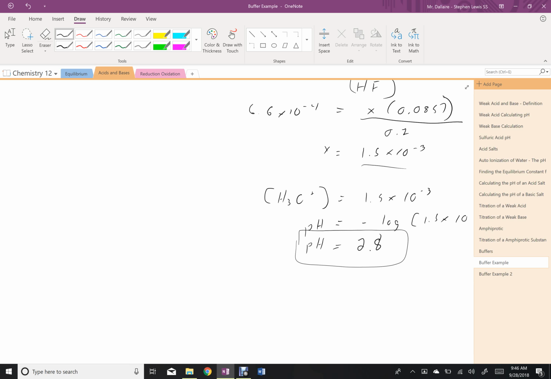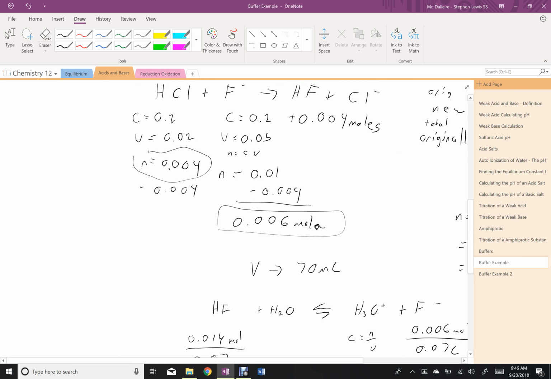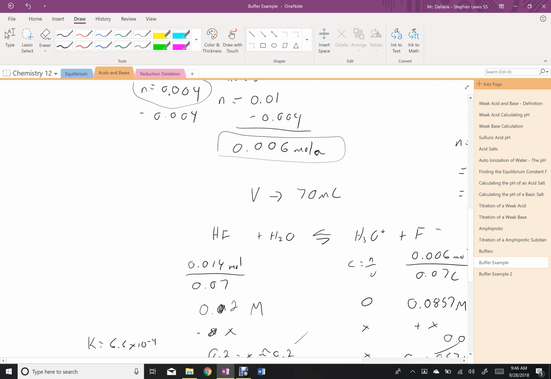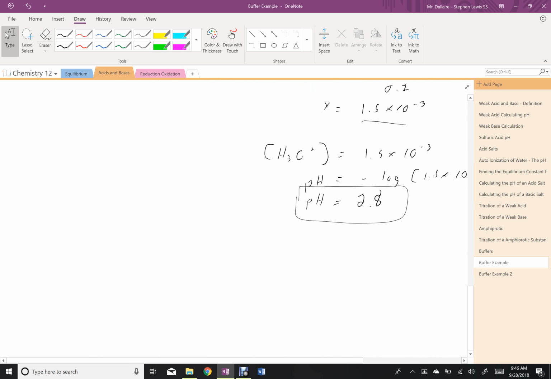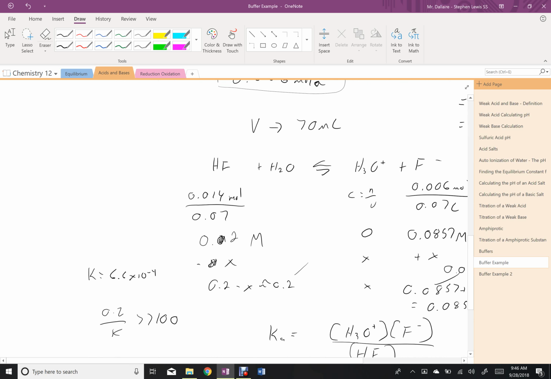So 2.8 is a lot less acidic than 1.24. And so we can see that the existence of the buffer prevented the HCl from making this into a strong acid. Instead, it reacted with the HCl, leaving behind only weak species, and as a result, not as much of a pH change or not as much hydronium or hydroxide in solution. So that's the mathematics of how a buffer works.